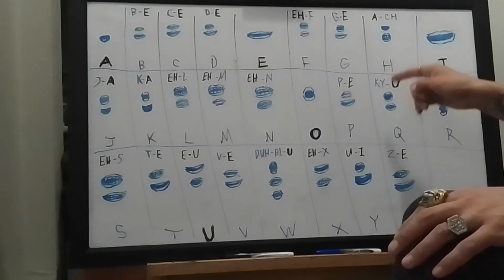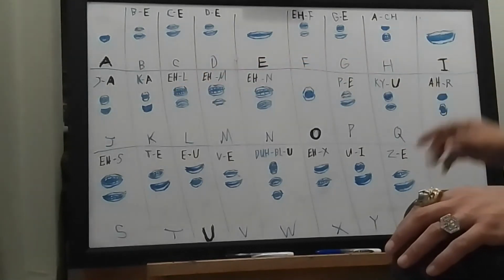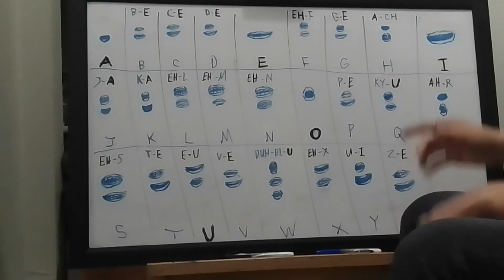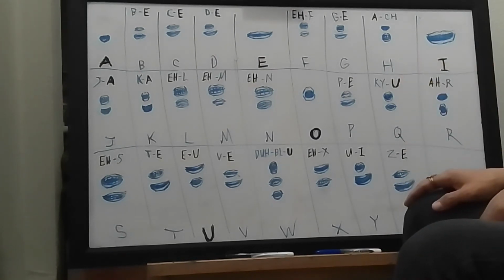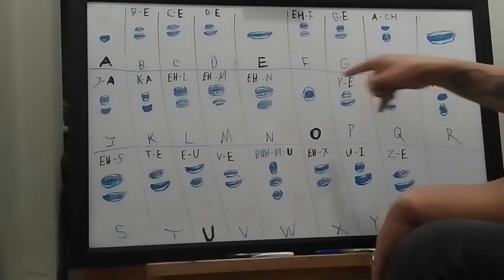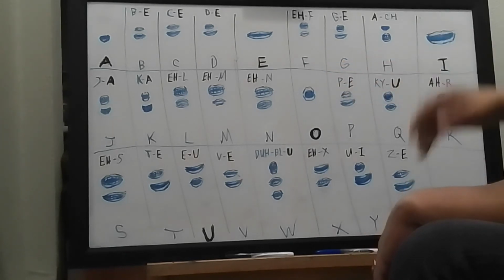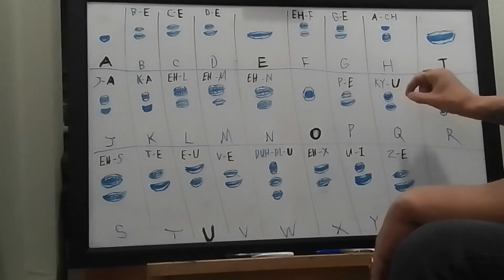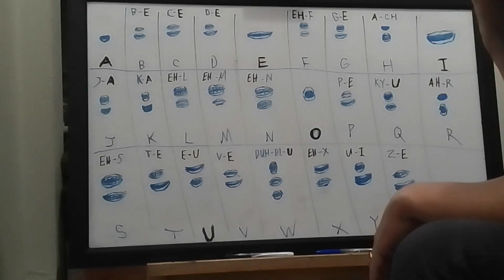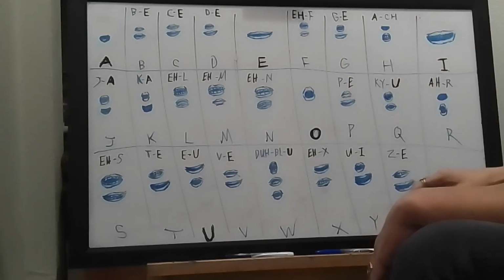Q. So again, compacted, oo. So oo is kind of like O, except a little bit more spread out, and a little bit smaller opening, right?